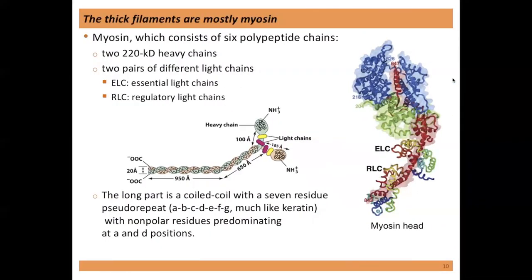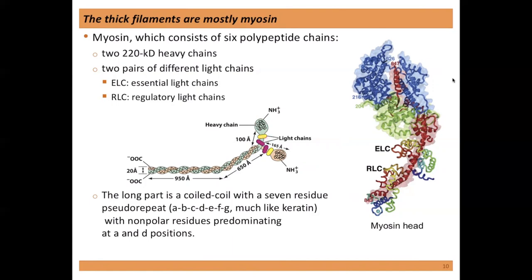So, like I said, the thick filaments are mostly myosin, and myosin consists of 6 polypeptide chains. So there's 2 heavy chains, and you can see that right down here, they actually have a coiled structure, kind of like keratin. And then they have these kind of bulky heads there. Then you got 2 pairs of different, what they refer to as light chains, and they wrap near the head there.